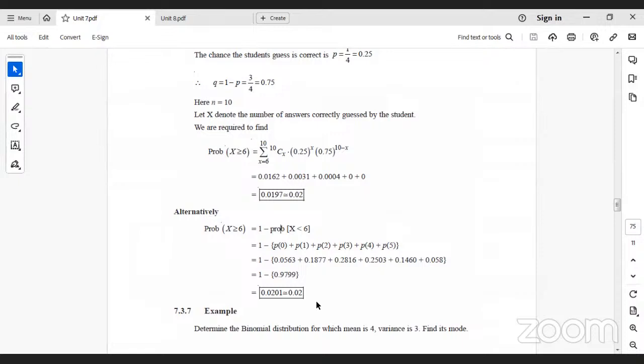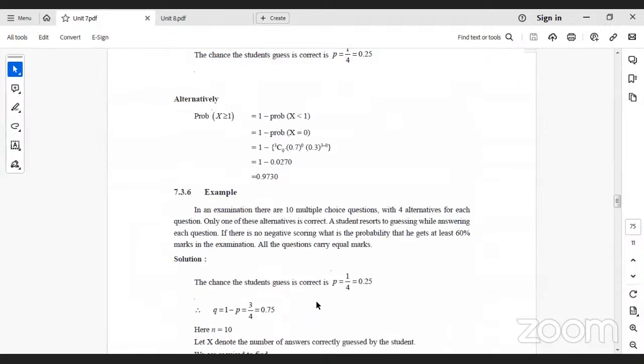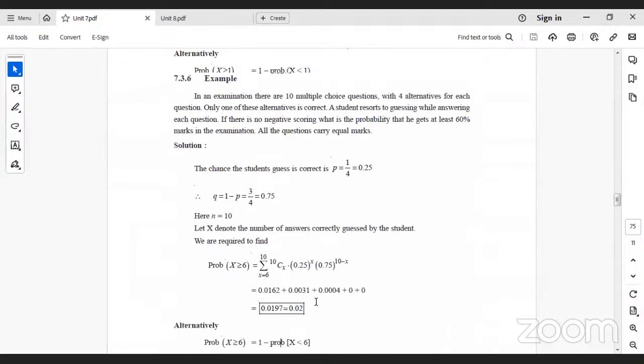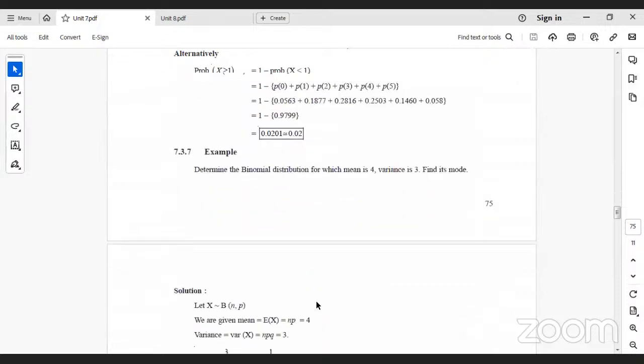That is 1 minus 0.9799, which is about 0.02. So we have the idea of 0.02. The alternative method and the original method give the same result; both are the same.